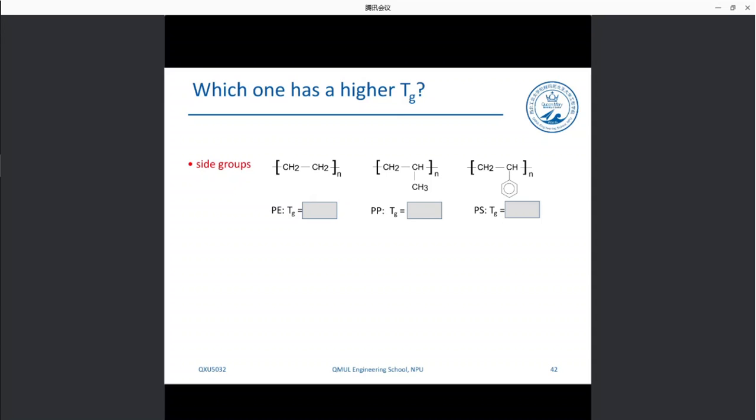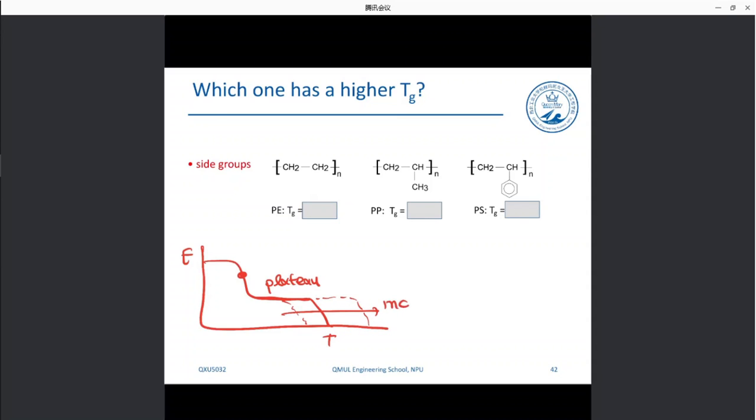What it affects, though, in this modulus versus temperature graph, is how long this plateau here will be. The glass transition will remain unaffected, but if we have more entanglements, this plateau can be longer, or if we have a lower amount of entanglements, this plateau can be shorter, okay?